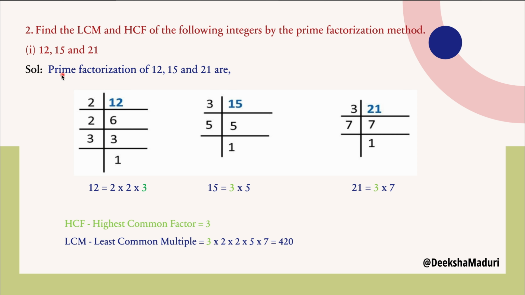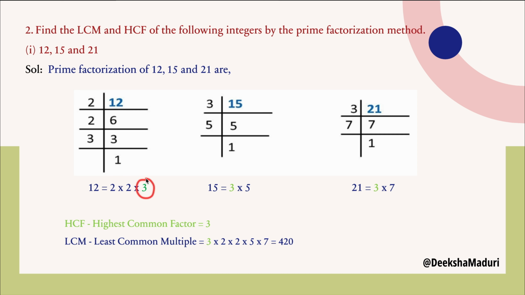Individually, for 12, 15 and 21, we first perform prime factorization as shown in this image, and then the prime factors that we have obtained must be written as a product. Here we can see 12, 15 and 21 were expressed as a product of their prime numbers.